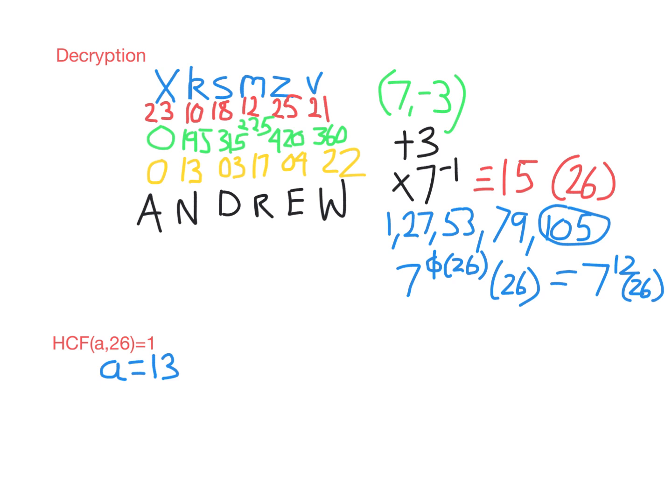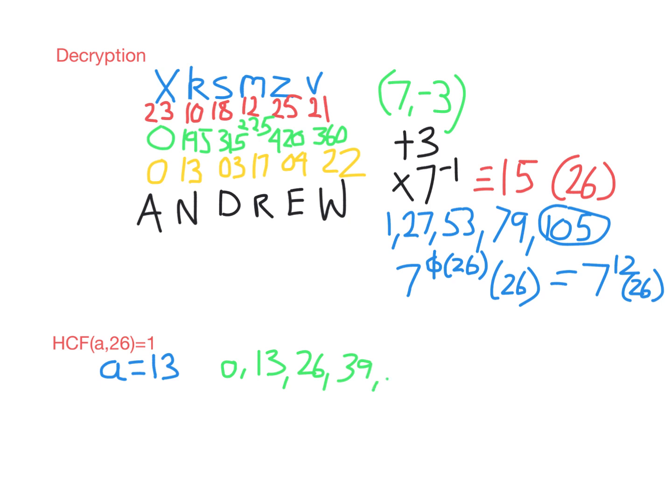So just a note here, when you choose A, it has to be co-prime to 26. Let's look at what might happen if you don't follow that rule. So let's say we chose that A equals 13. So let's look at the multiples of 13. 0, 13, 26, 39, and so on.